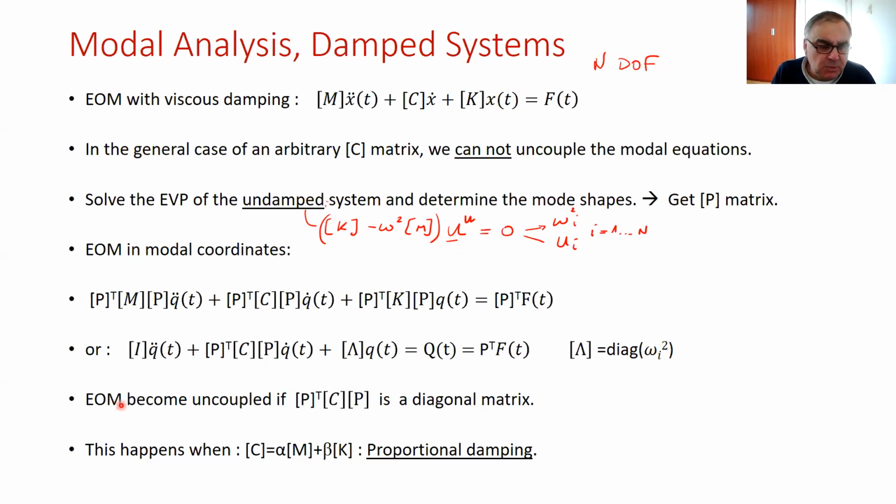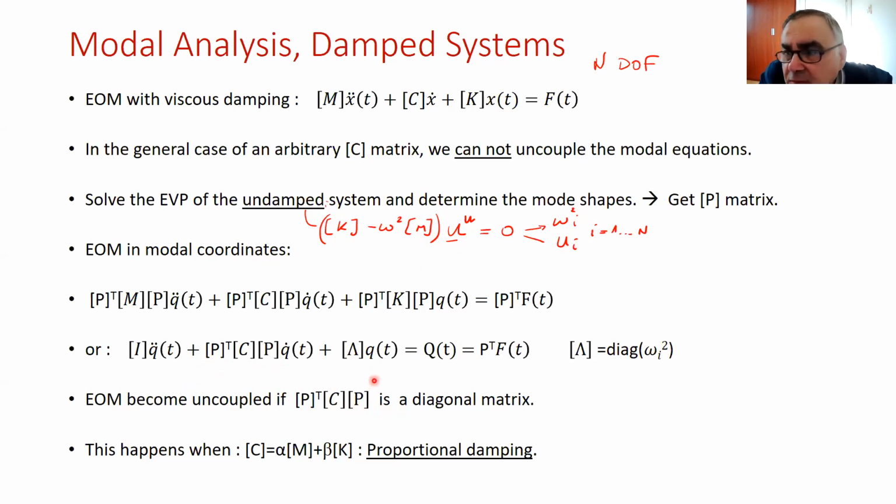So the equations of motion in modal coordinates become uncoupled only if P transpose C P is a diagonal matrix. If this happens, then the equations get uncoupled because each of the equations will be separate.